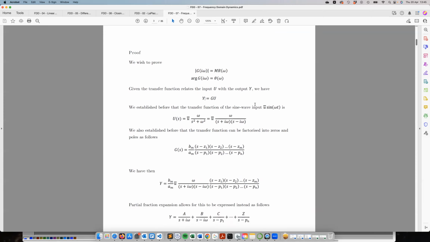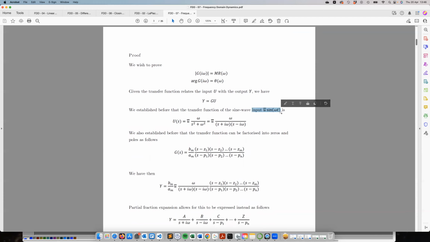Now, if we are applying a sine wave input in the real world, then if you look in your table of transfer functions, and I think we also derived it, look back at the first or second lecture where we did the Laplace transformation of sine.